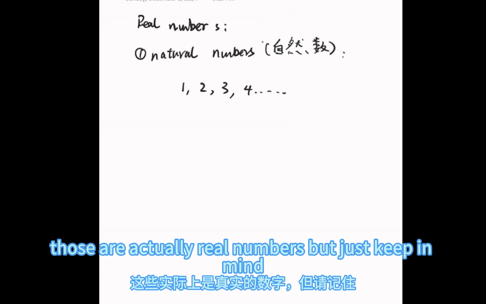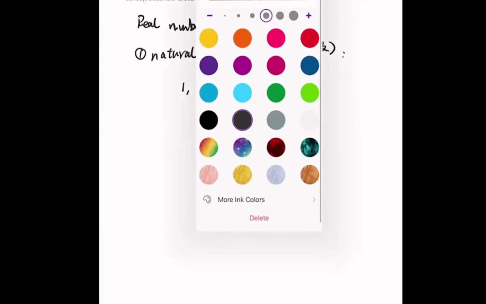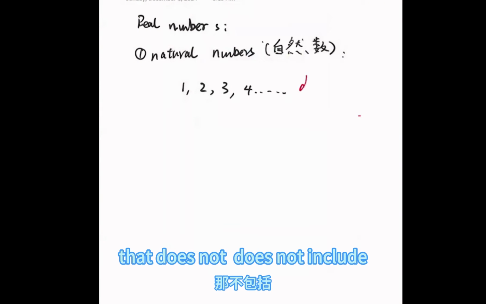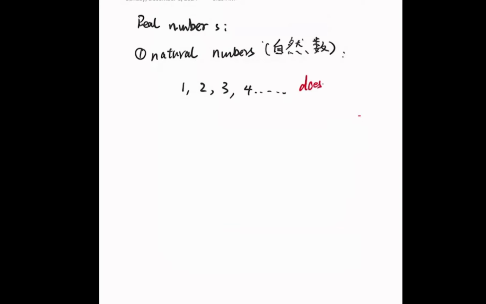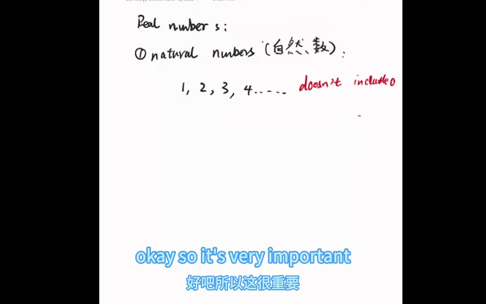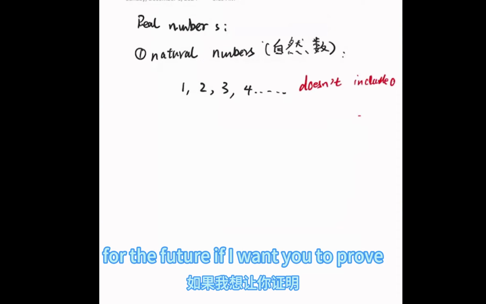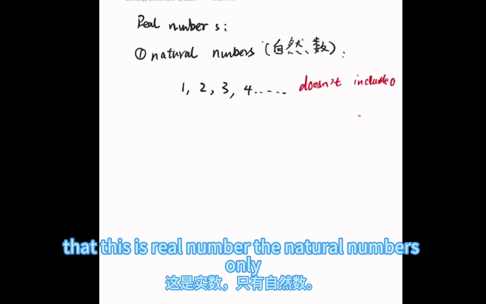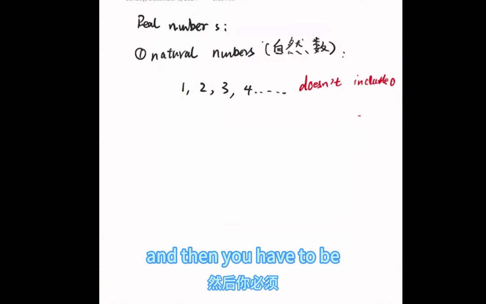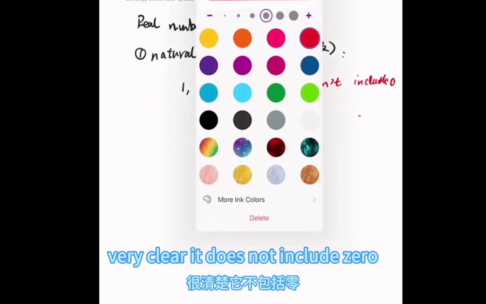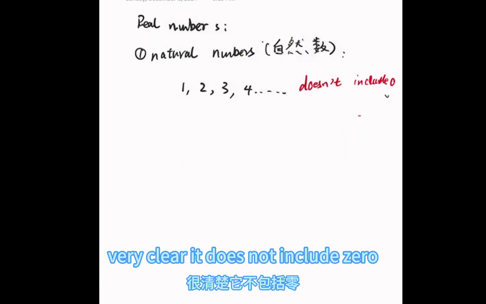But just keep in mind that this does not include zero. It's very important for the future. I want you to prove that this is the natural numbers only, and you have to be very clear: it does not include zero.